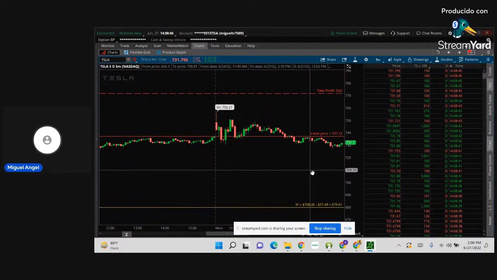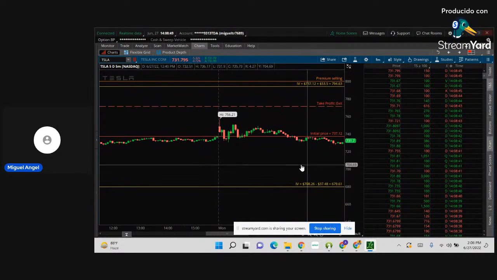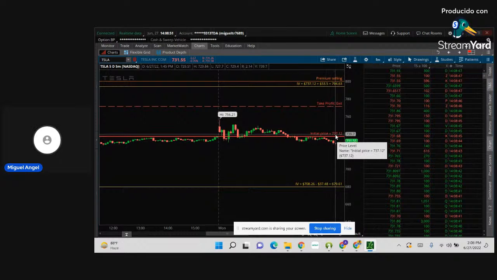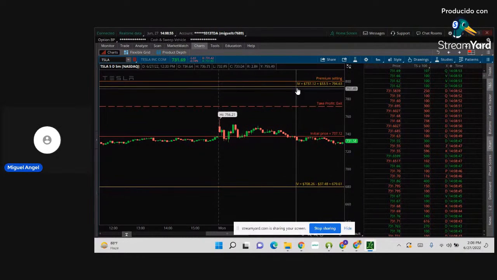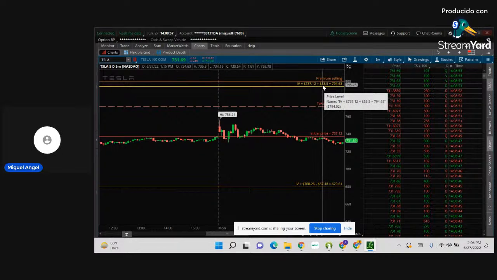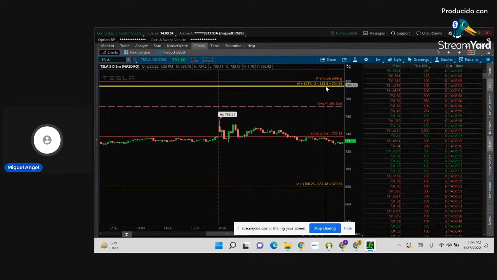So yesterday, Sunday, the price was at about 737.12. And when I was reading the implied volatility, it said that for this week, we were expecting a movement of $53.5. Obviously, it didn't say if it was to the upside or to the downside.